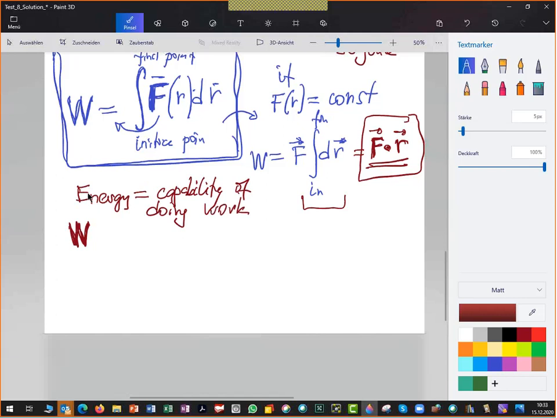Therefore, in our later classes, you will see that there is a very close relationship between work and energy.